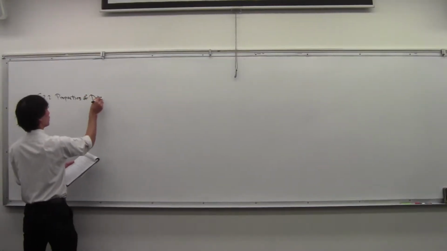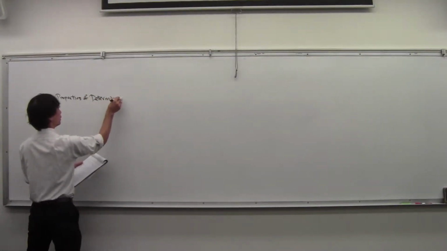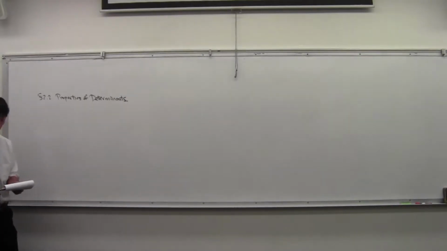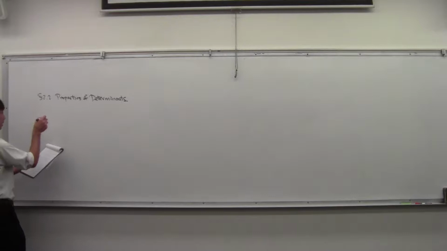So let's get started. We are doing something which can be called properties of determinants. We were in the middle of it; we had shown a couple of things already.